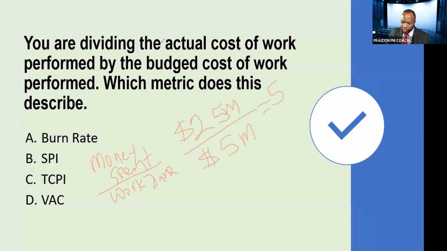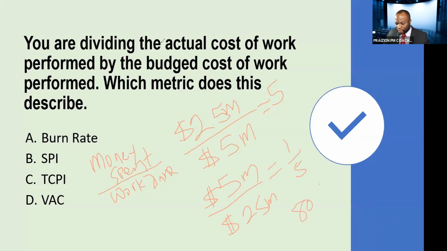But if we reverse it and we say the actual cost is 5 million and the work done is 25 million, then we have a 1 over what? 1 over 5. In other words, we are burning through our money a lot less than we thought we would.